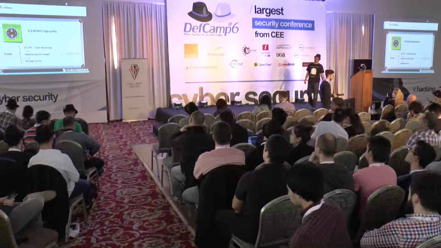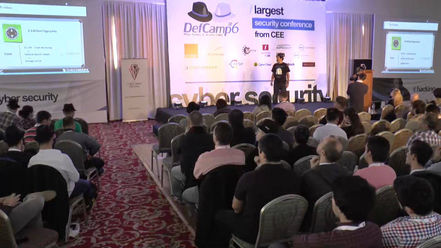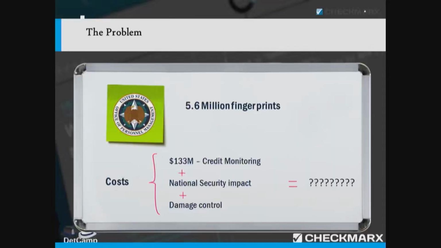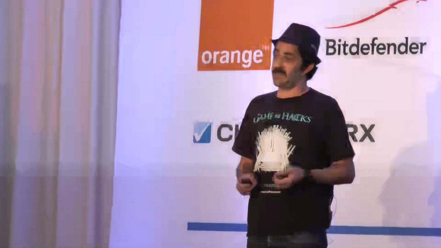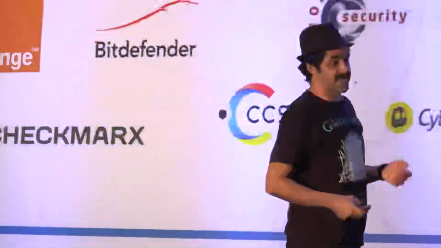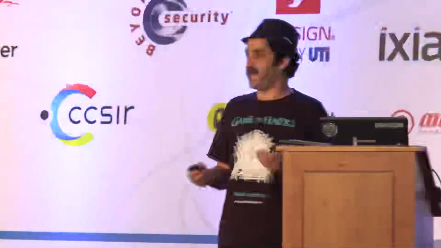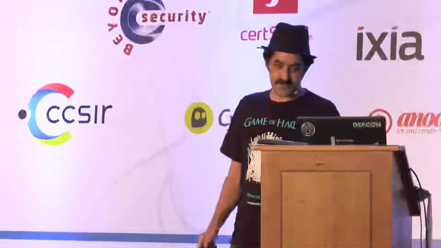With the OPM breach that was a few months ago, 5.6 million fingerprints were stolen. So it's not even passwords or usernames or things like that. It's fingerprints. So fingerprints of official American employees, government employees, very, very sensitive data. Obviously, it has a value in cash as well.